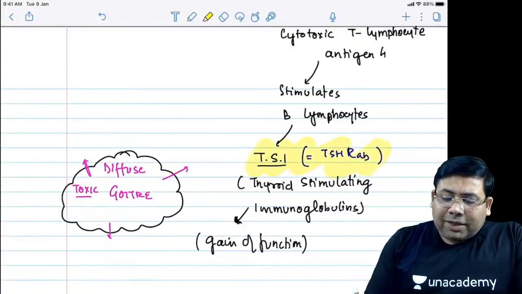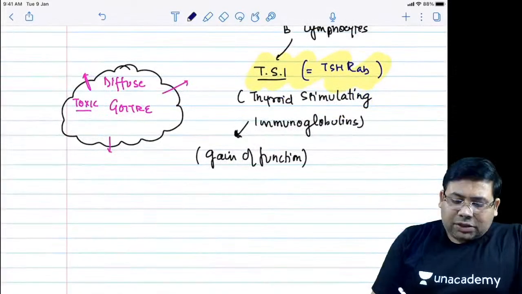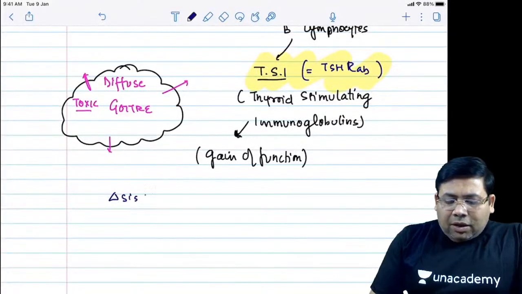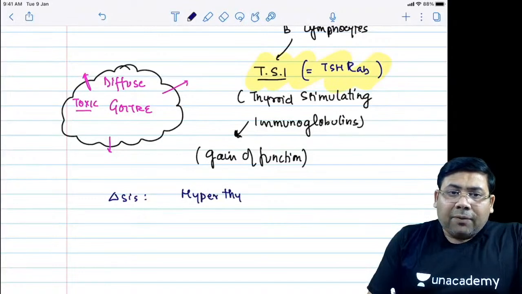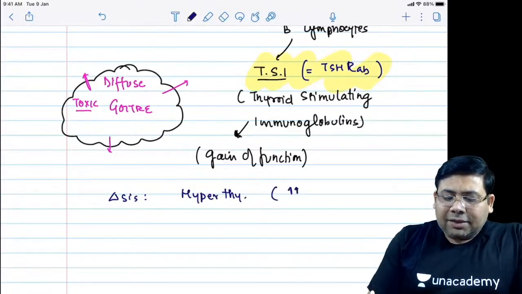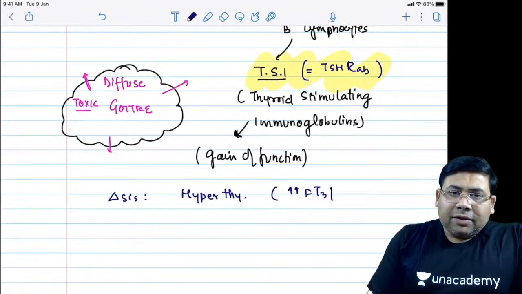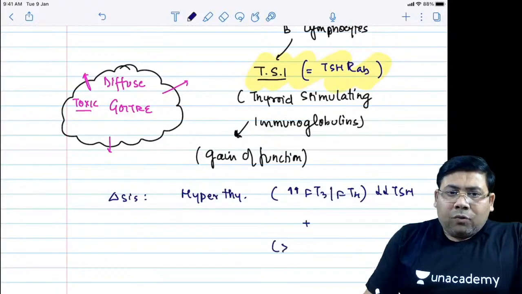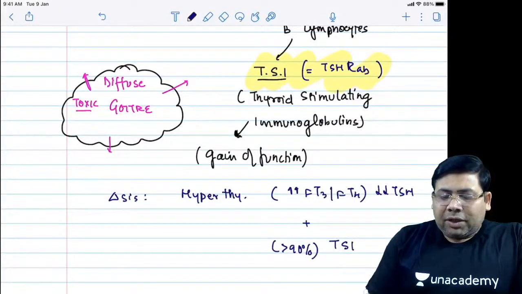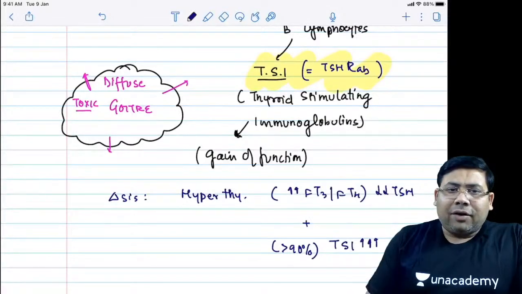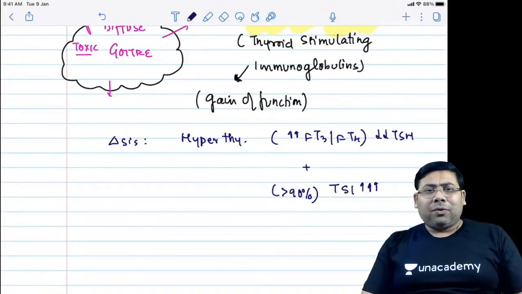So when we talk about diagnosis, a patient with hyperthyroidism has an increase in free T3, free T4, a decrease in TSH, and along with that, in more than 90% of the cases, the thyroid stimulating antibodies are elevated. Is that clear to you people?